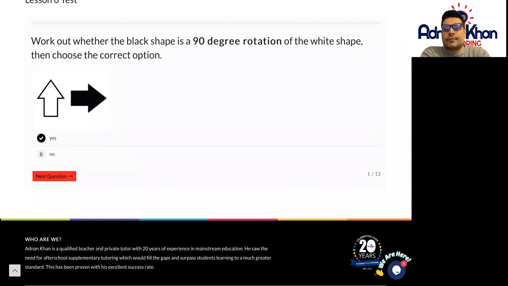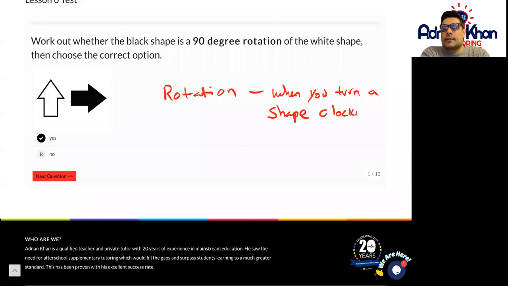So rotation means when you turn a shape clockwise or anti-clockwise.